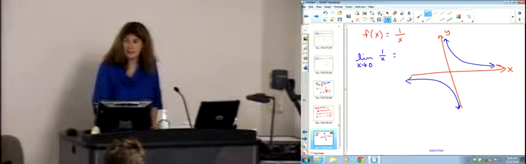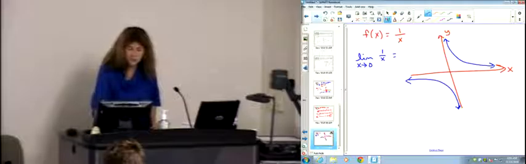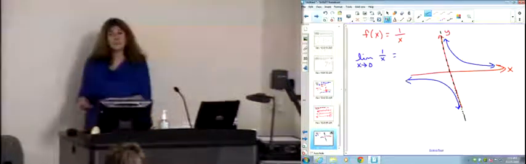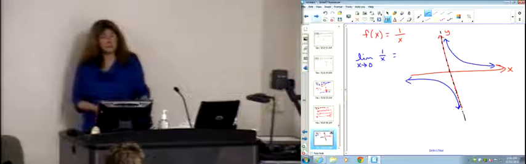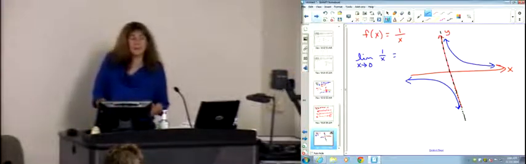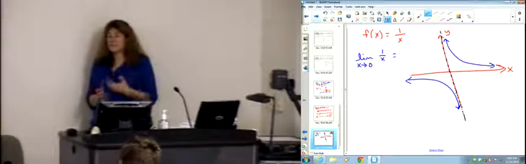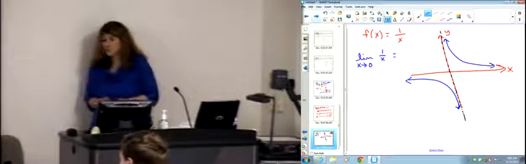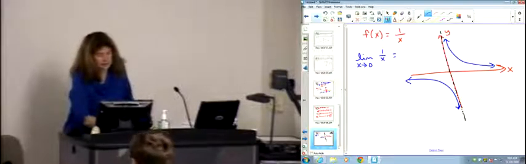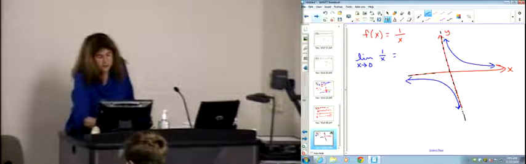You remember studying asymptotes with rational functions? We have a vertical asymptote coming down through here on the y-axis where x is equal to 0 because we just said this function is undefined when x is equal to 0, so that tells us that line is our vertical asymptote, meaning these pieces of the graph are not going to cross over it, okay, because we don't have a value there. It's also true we have a horizontal asymptote at y equals 0 here on the x-axis.